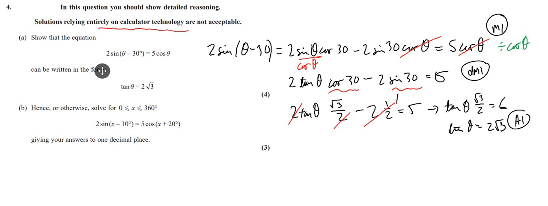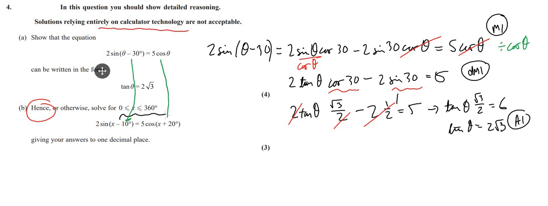Now, again, that word hence, part B starts with hence. So it says we're going to use the result from A to do something with B. We have to solve this between 0 and 360. Now, what's different between these two? This is theta minus 30, and this is only minus 10.